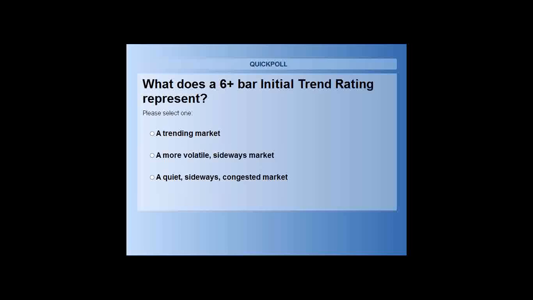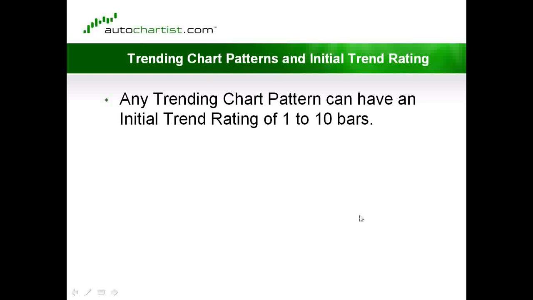Okay, that's about what we had before. 65% voted, and we ended up with 68% trending market. 29% selected a more volatile sideways market. That is a high enough number where I think I'll just repeat what I was talking about earlier.